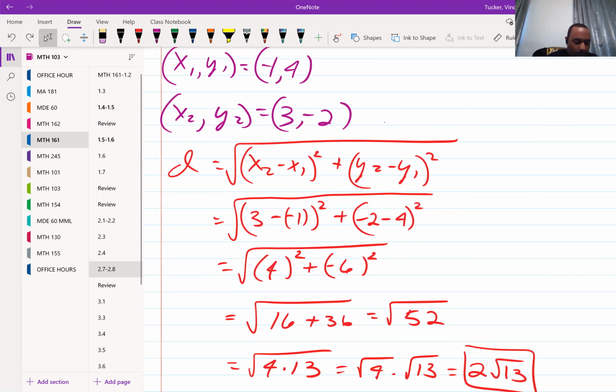And that'll be your most simplified way of expressing the distance between 2 points. Any problems, any problems?